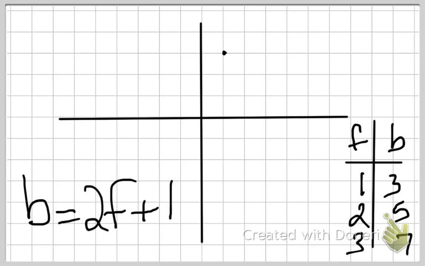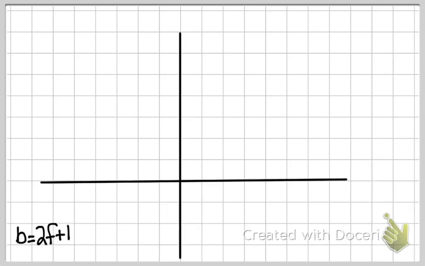Oh, it's right off the chart already, right? Okay, let's try this again. So if the figure is 1, then the blocks is 3.